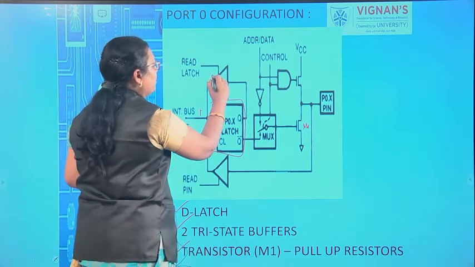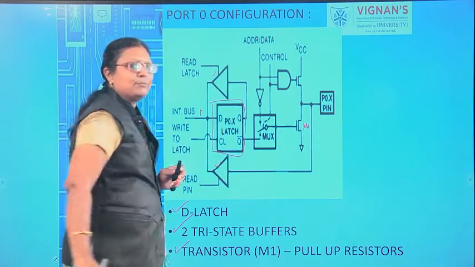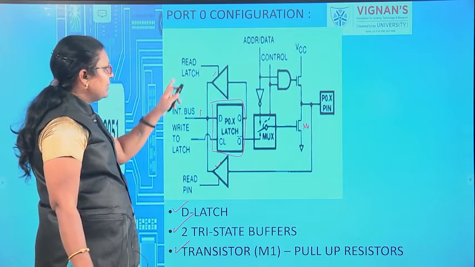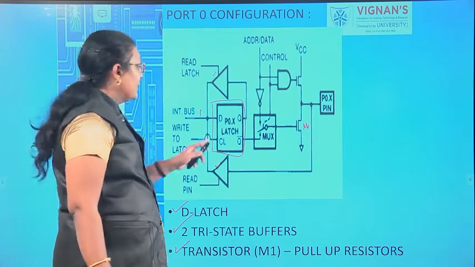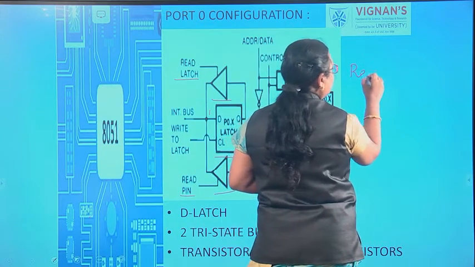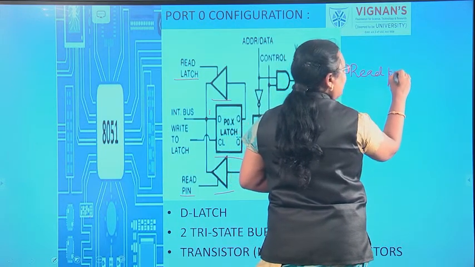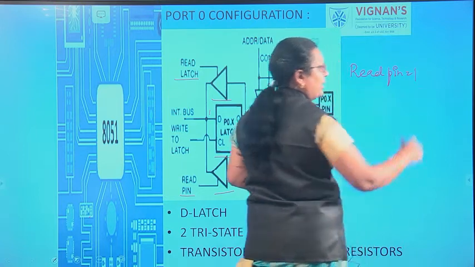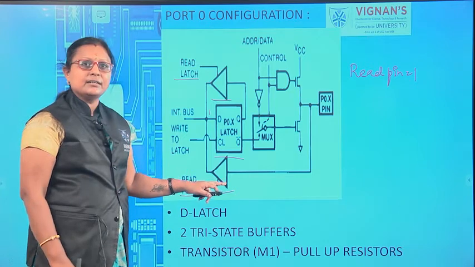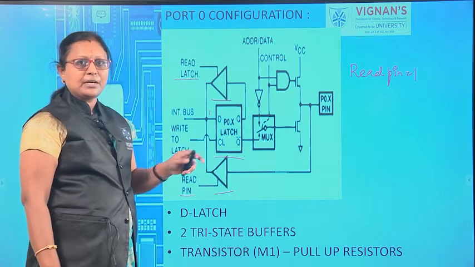And these 2 are the buffers, that is, 2 tri-state buffers. Here we have 2 pins: one is the read pin and the other one is the read latch pin. If this read pin is equal to 1, then your first buffer will start to read the data from that particular pin.